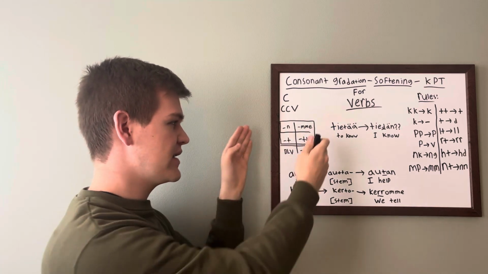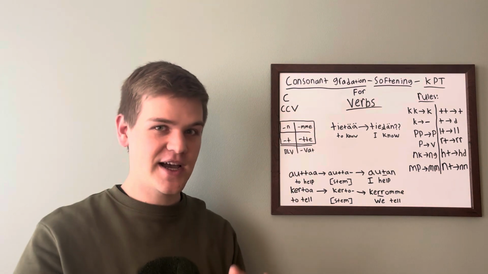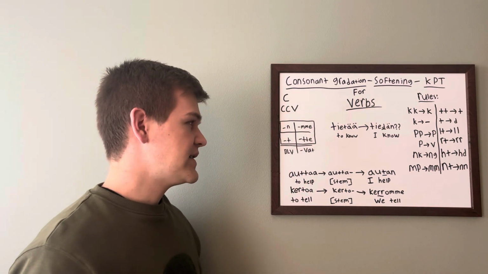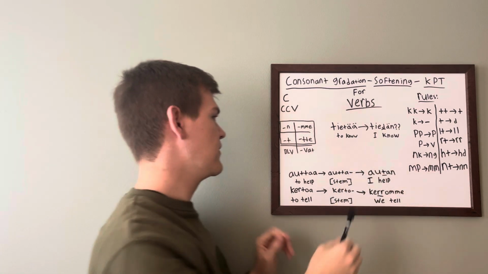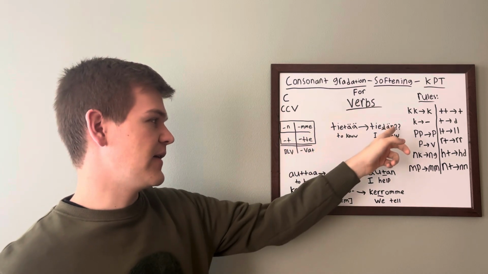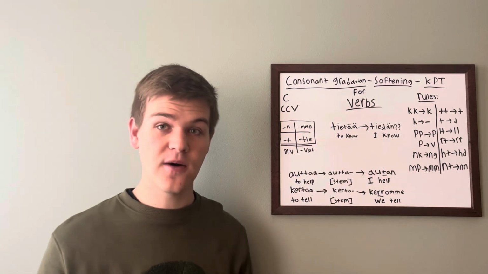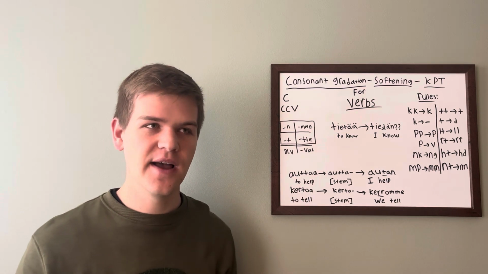If it's easier to look at it this way, or see if we're adding a consonant, consonant vowel, you can decide on your own. But that's how we know. We see in this example, we're adding an N, which is just a single consonant. It's in the box right here. We're adding an N, so we know that we're going to need to do softening. So that's when we do it.